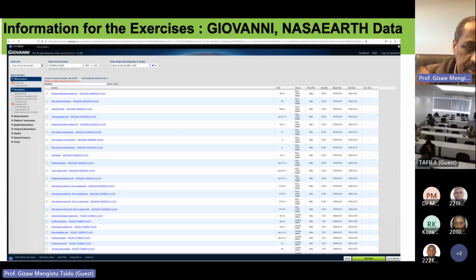Or if it's precipitation, type precipitation, and then click on search, and then you'll get a list of possible data that contains what you are looking for, because there are different data providers that provide the same thing. So you'll see a lot of options, and from there you have to make a choice. You have to click in front of your choice.